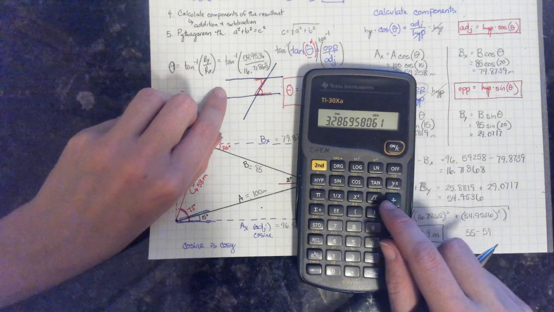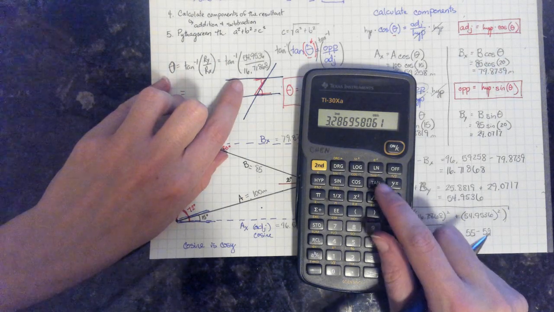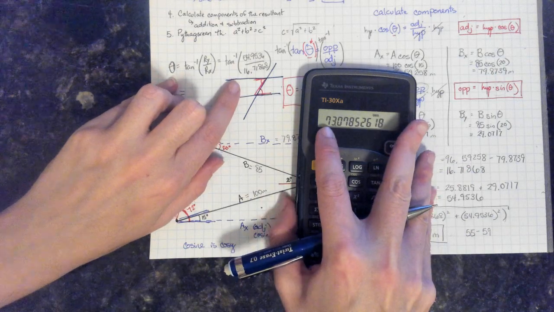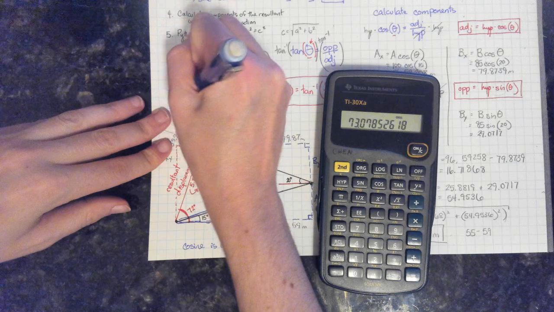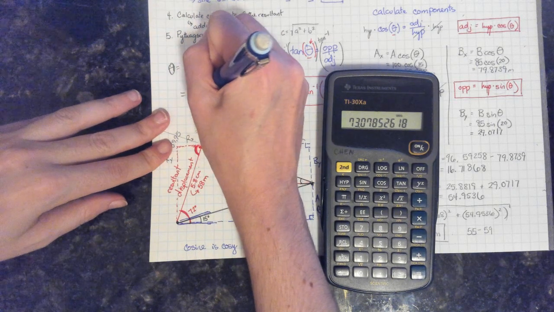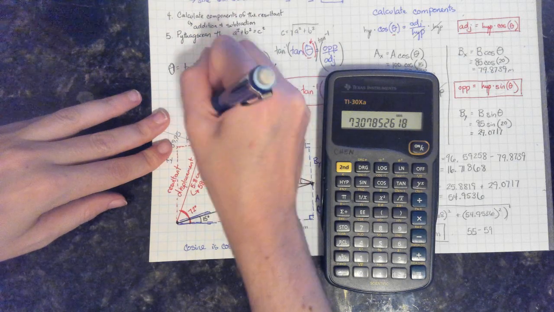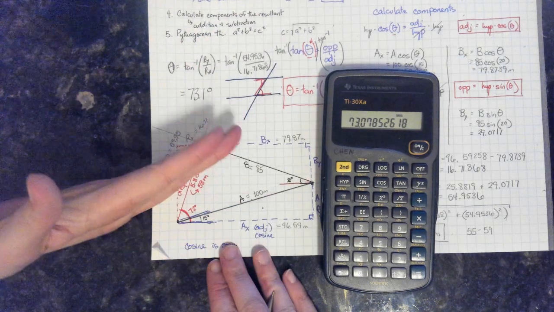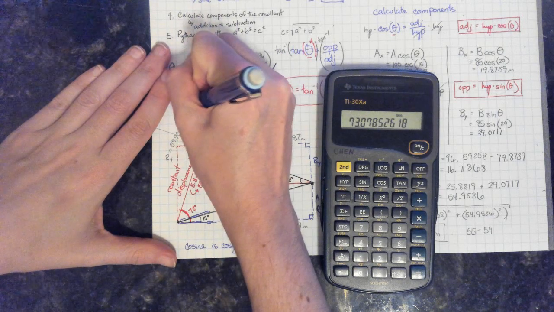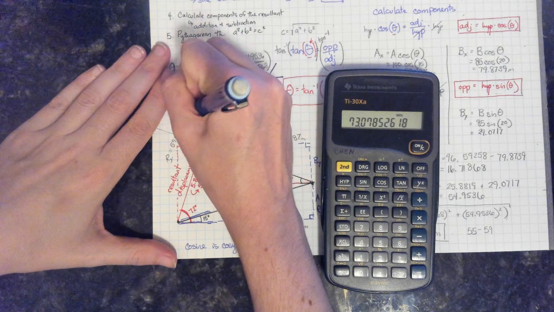And we're in degree mode, so that's good. Second, tangent. So we get the answer of 73.1 degrees. And we have to tell which way we measured from, so this is above the horizontal.